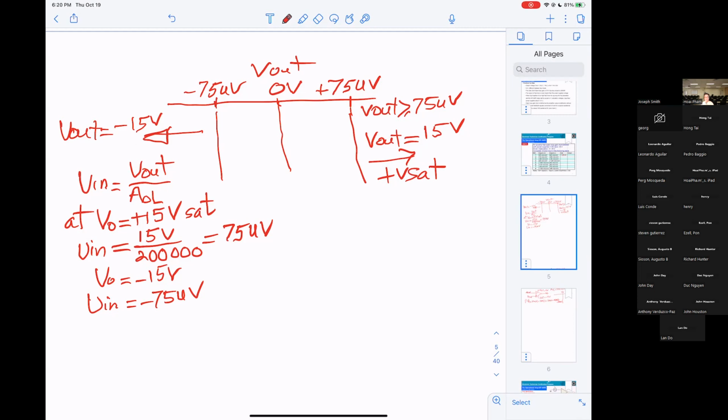It could be positive saturation 15, or negative saturation. Any VD between the limits of minus 75 and plus 75, V out will be AOL times the input.